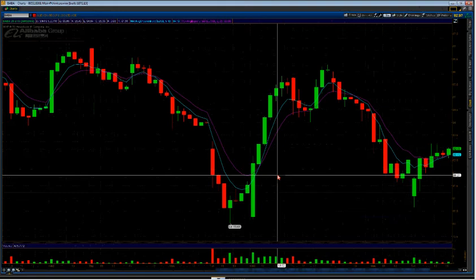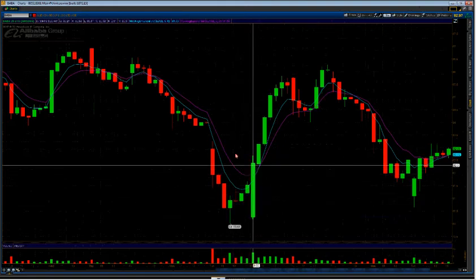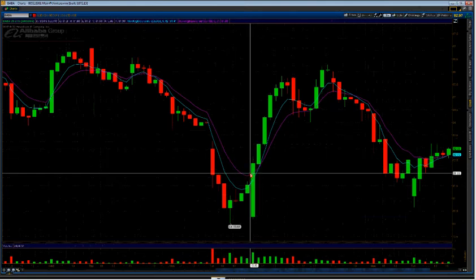Well, you see, the last 5 days could have been days like this where it's up, up, up, up, up, but the 9 maybe didn't register yet. It was only flat. And then the next day I have a down day, and I might have a down day that's still above where I got my entry with the 5 crossing the 9.